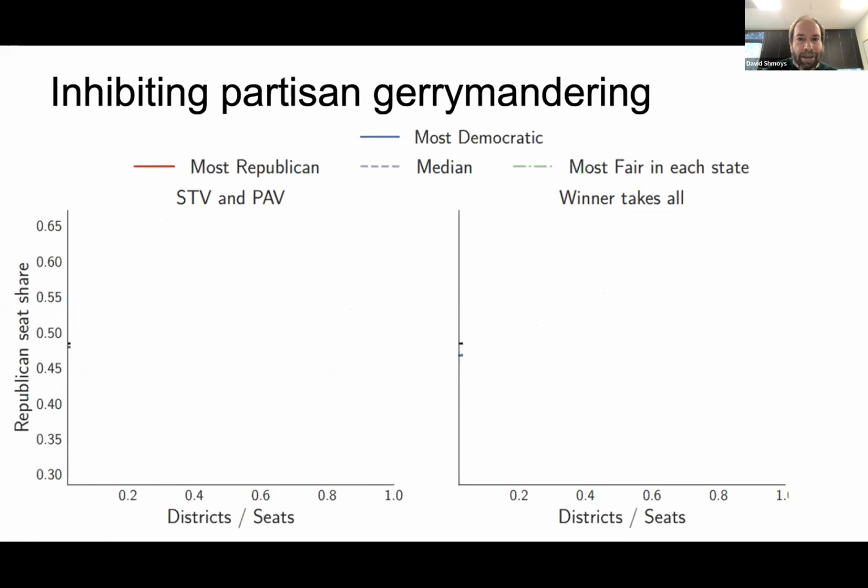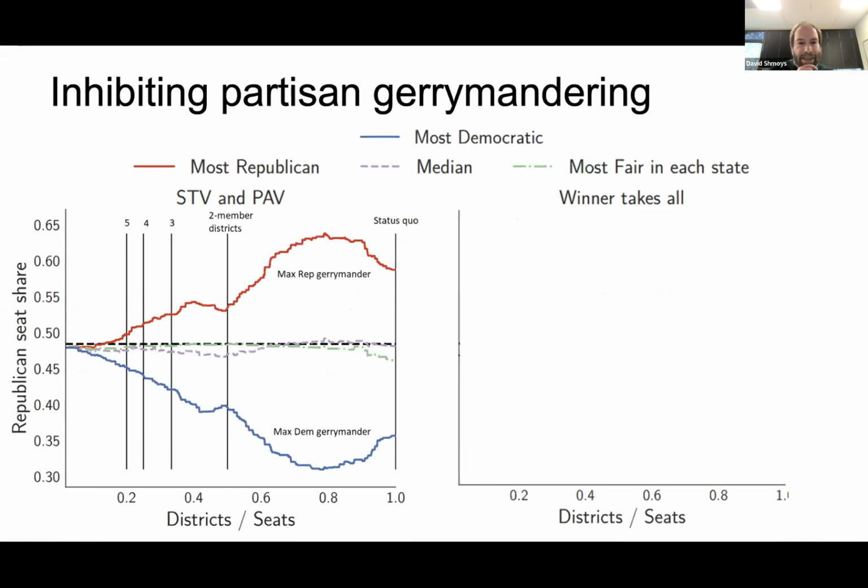And let me just show you a little bit of the data that goes into doing that, a composite set. So here's how to interpret this graph. If you look at the right end, where there's 1 district per seat, this is the current state of affairs. This is the overall Republican vote share.